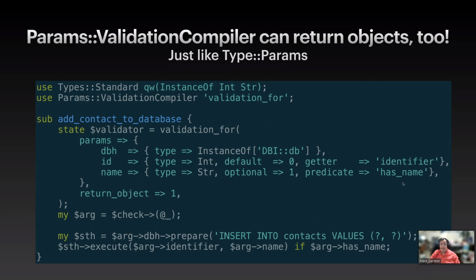We're setting getters and predicates just like type params allows you to do. And in this case, we set an additional option called return_object. And when that's set to true, the validator that it compiles will return an object. Here we're putting it into my $arg. And from there, it works just like the example I gave earlier with type params. You call the parameters you got as methods.